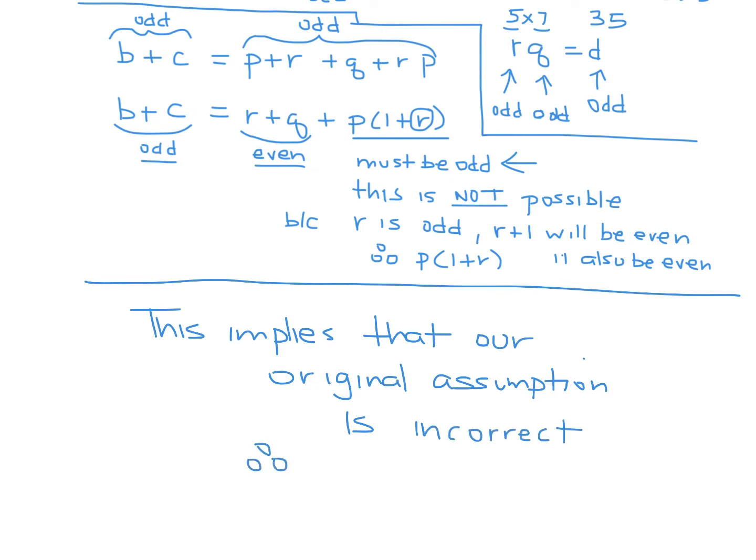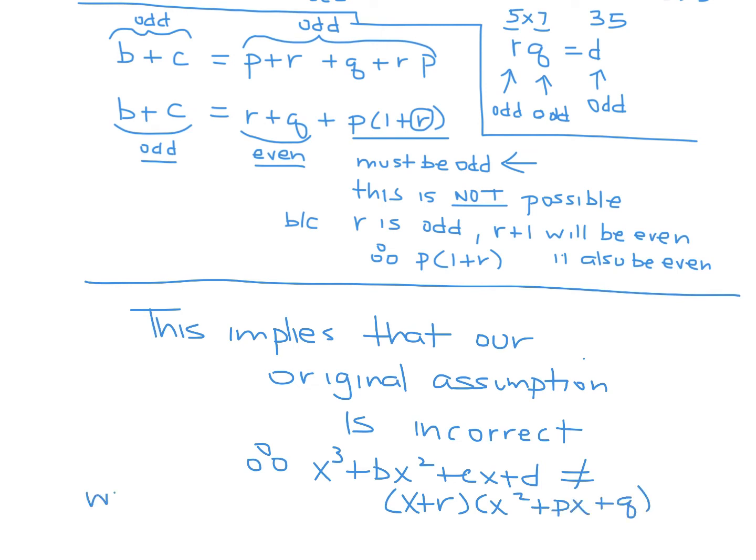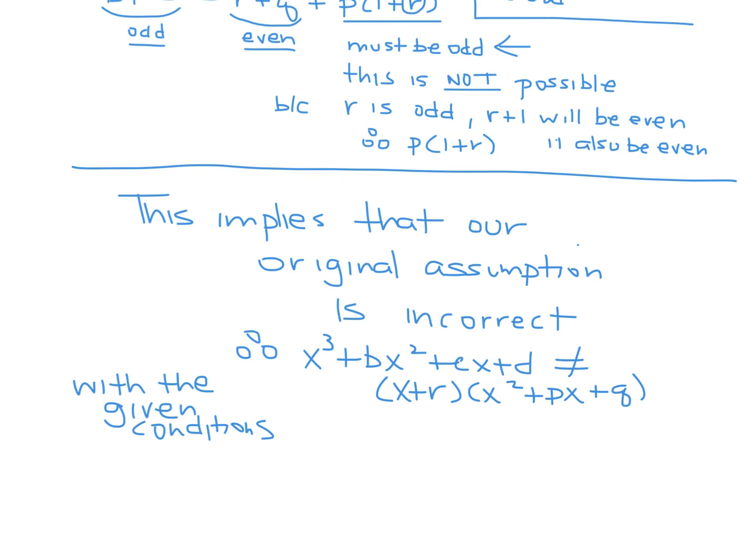Therefore, that polynomial x to the power 3 plus bx squared plus cx plus d cannot be equal to x plus r times x squared plus px plus q with the given conditions in the question stem. And that's pretty much it.